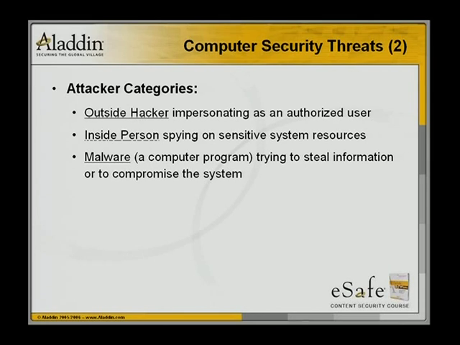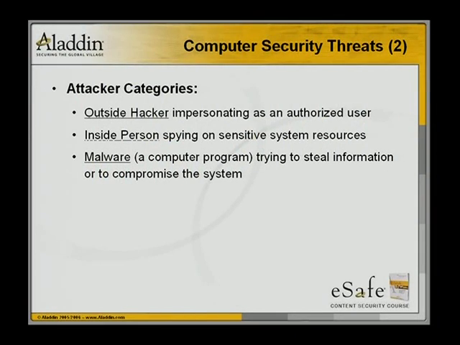On the other hand, we have inside person spying on sensitive system resources. So let's say I work in my company and I want to spy, I want to see how much my friends are making, what's their salaries, or even I want to change my salary. So I would try to access the file in the finance folder and change or erase the finance file.